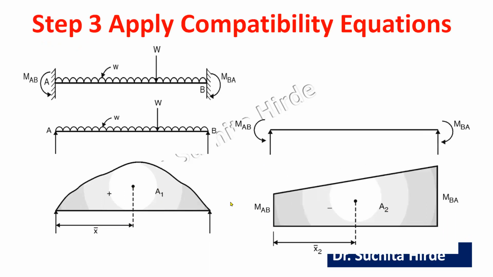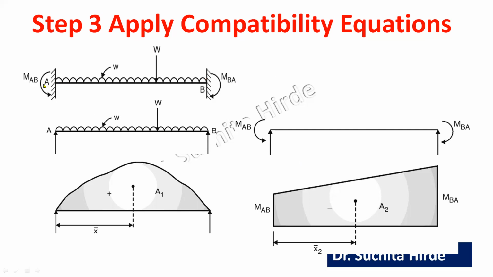In step number 3, we apply compatibility equations. Now remember that in any fixed beam, there are 2 unknowns, that is fixed end moments, MAB and MBA. Since there are 2 unknowns, we will need 2 compatibility equations. Compatibility equations are always written in terms of slopes and deflections.